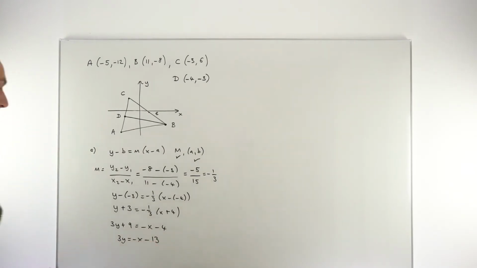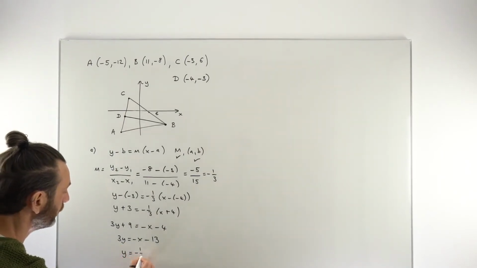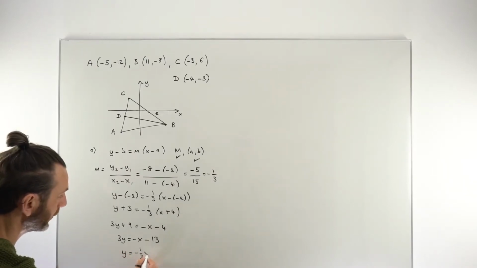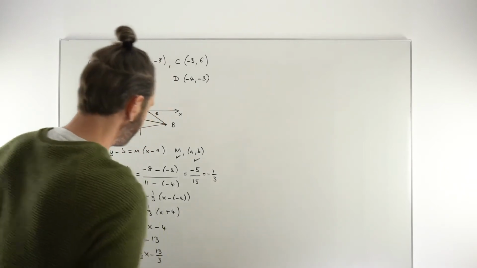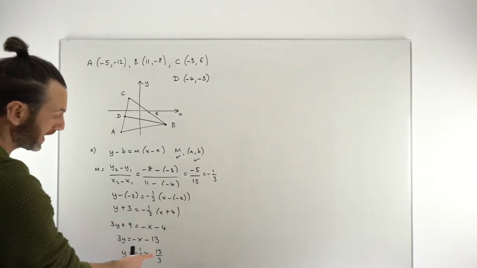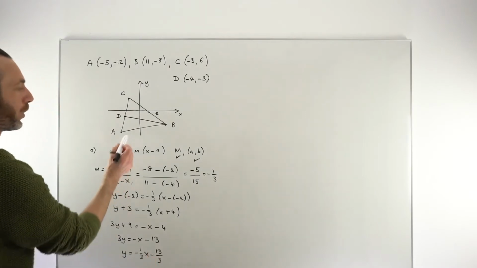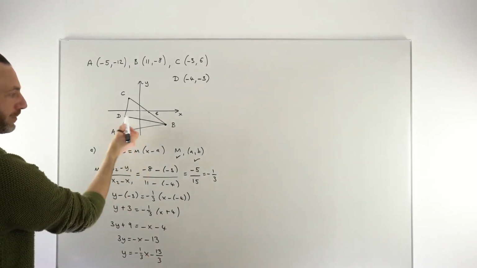And then just putting that back into the correct format, the y equals mx plus c format for a straight line, we get y equals -1/3 x minus 13 over 3, just dividing by 3. So it's a slightly ugly looking answer, but that is just the way this one's come out. Checking this number, -13 over 3, that's approximately -4. That is a y-intercept, remember, so that number could be -4 based on the other point.